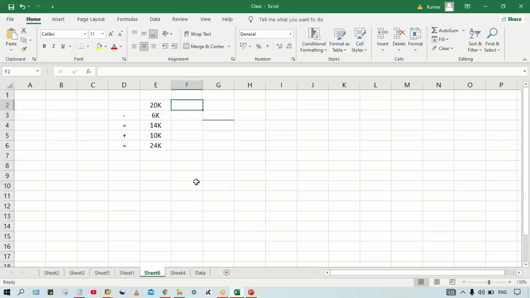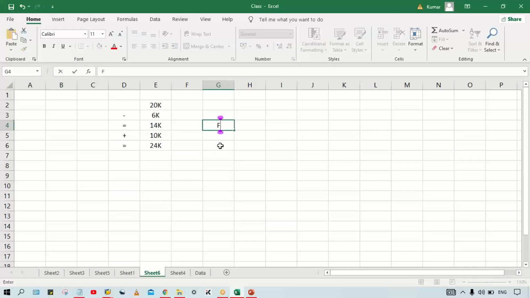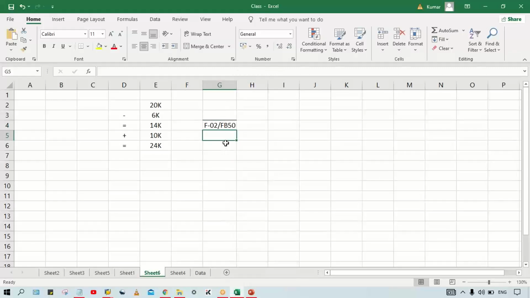Okay. The thing is, let's suppose here generally what happens in case of normal transactions, right? Normal transactions are posted by using F-02 or FB50. These are the transaction codes. This is called manual posting.